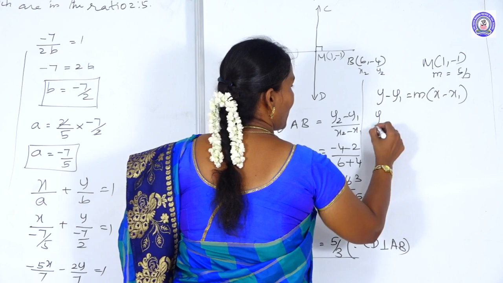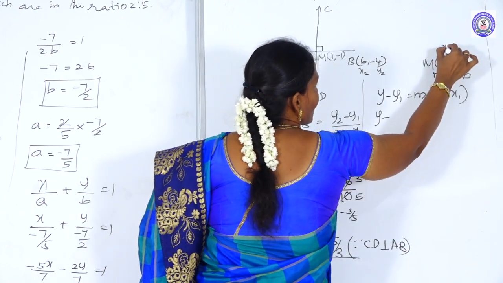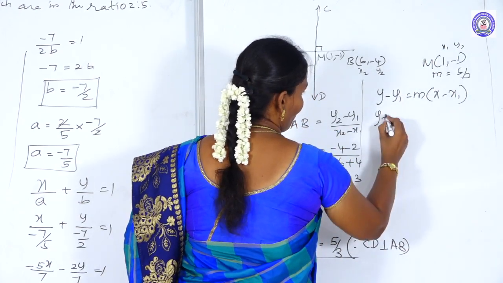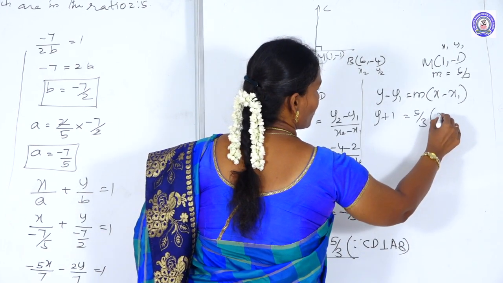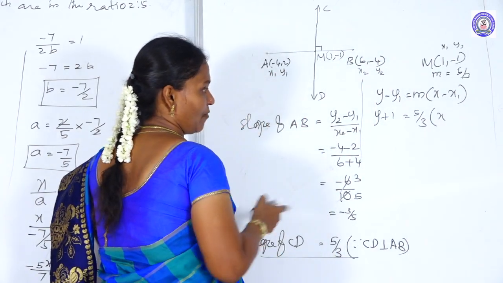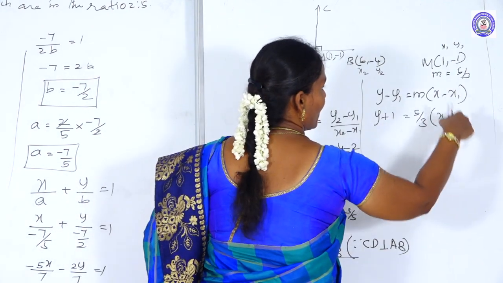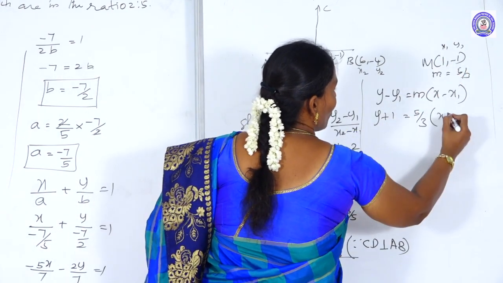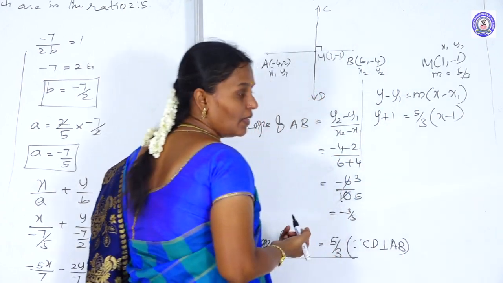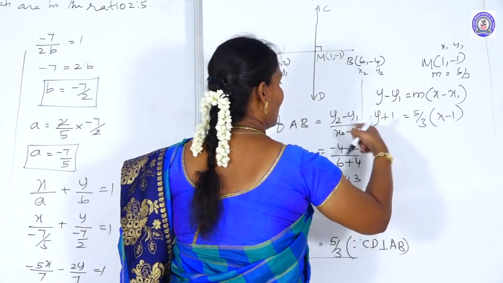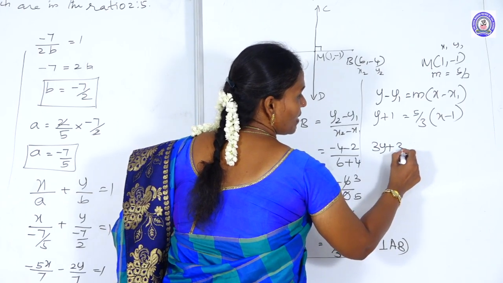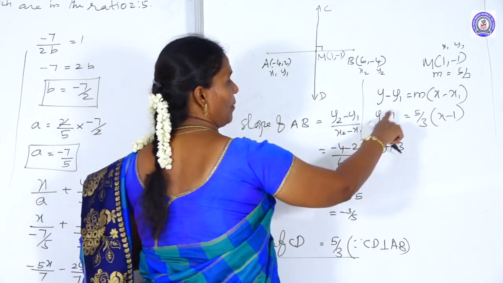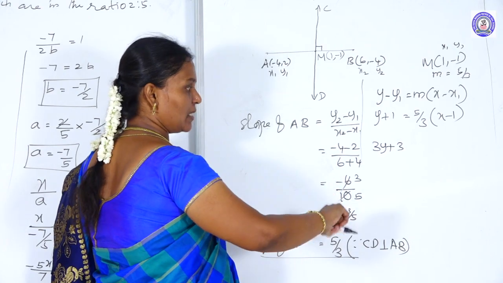So y minus, here this is x1, y1, so minus of minus is plus 1. This is equal to 5 by 3 of (x minus 1), where x1 is 1. Now multiply by 3 on the left side: 3 of (y plus 1) is 3y plus 3.